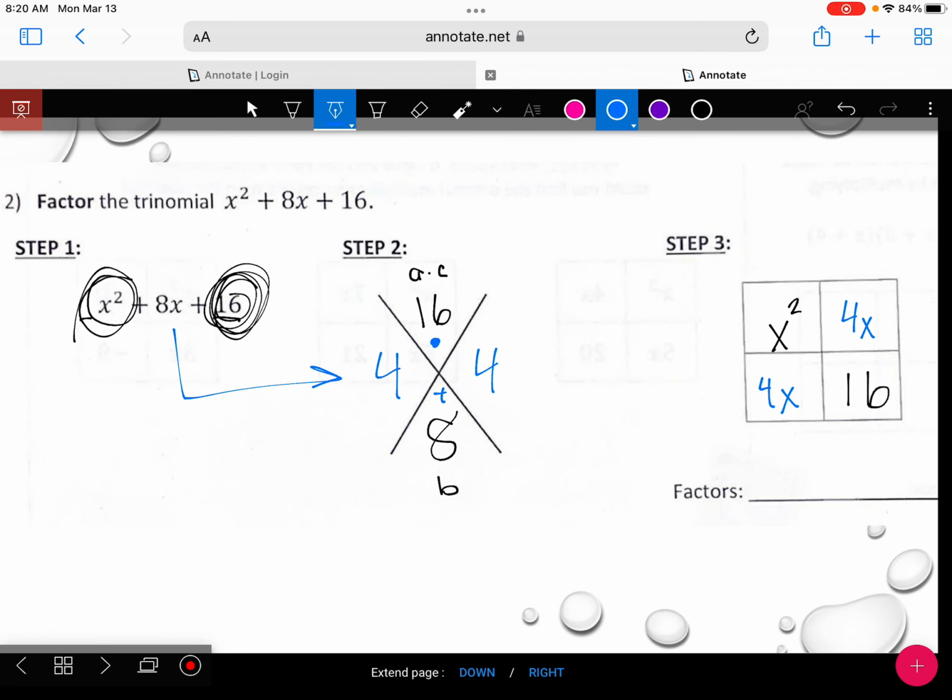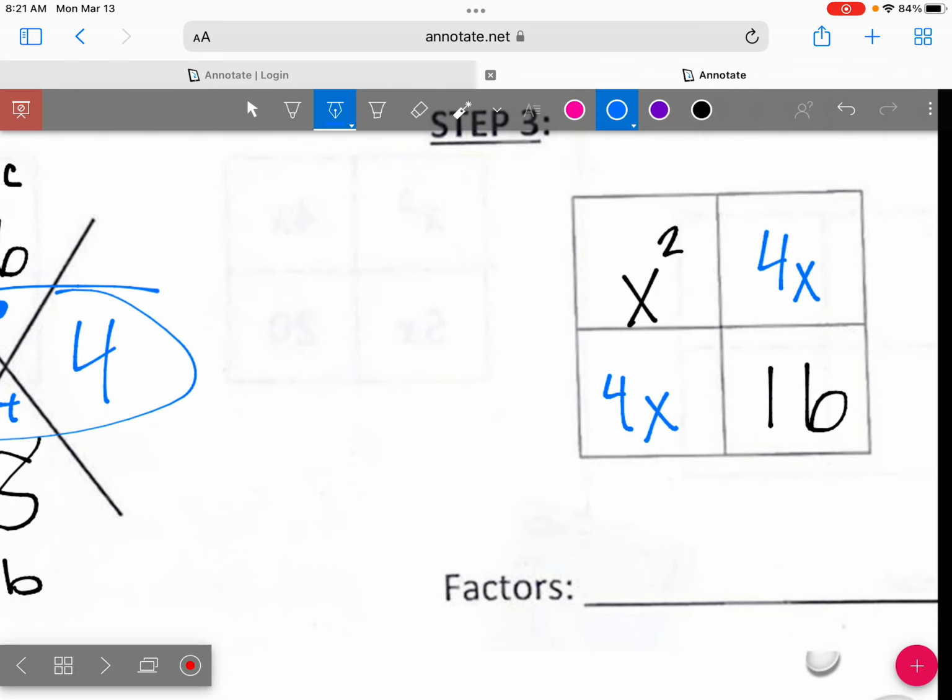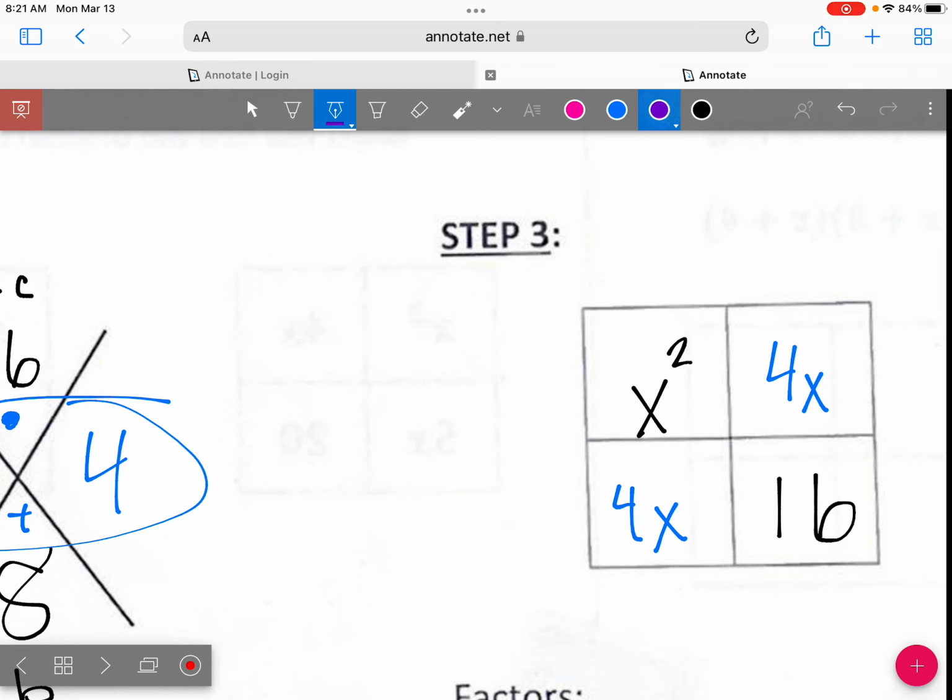The other two pieces come from the equation. The only thing coming out of the x frame are these guys. That is the biggest mistake I see on factoring: we either don't check for a greatest common factor, which these ones don't because they don't have an A value, or we put the wrong pieces in the box.